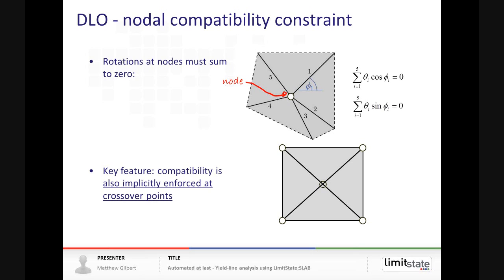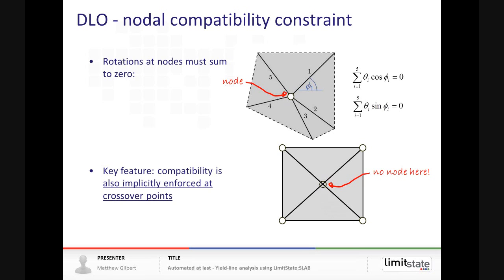The big thing to note is that we explicitly enforce compatibility at nodes, but the formulation leads to many crossover points, and at those crossover points, for example, the one shown at the center of the slab in the bottom image, there is no explicit node, and so explicitly compatibility is not enforced there.